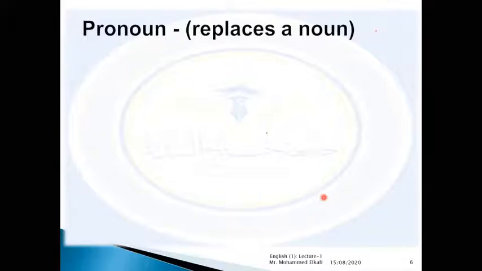The second type of parts of speech is a pronoun. We can say a pronoun replaces a noun. When you say replaces a noun, that means it takes or can take the place of a noun. Okay, so you can say it's a function, okay, or a job for this word pronoun.